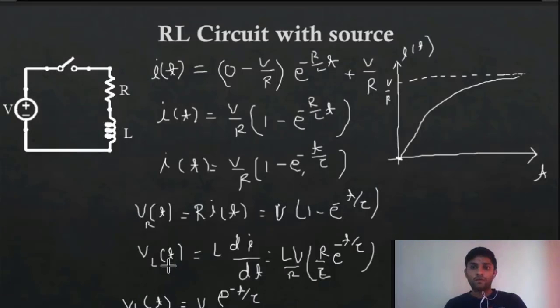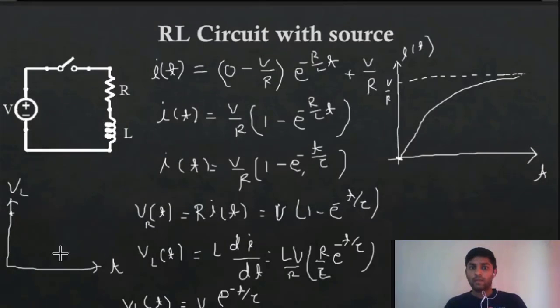Now if you draw the graph for the voltage across the inductor, VL with respect to time, you will observe that initially the voltage is V, the total voltage.